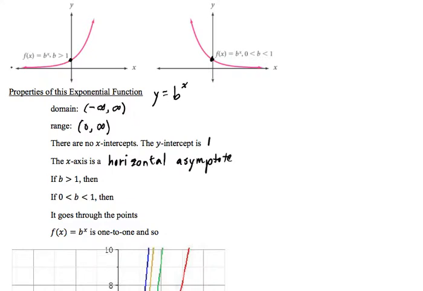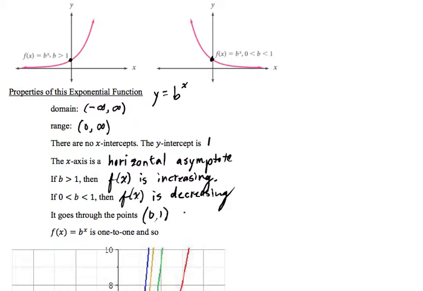If b is greater than 1, you're in this case, which means f of x, or y, is an increasing function. Or if b, the base, is between 0 and 1, a fraction, then f of x is decreasing like this. They all go through the point 0, 1.